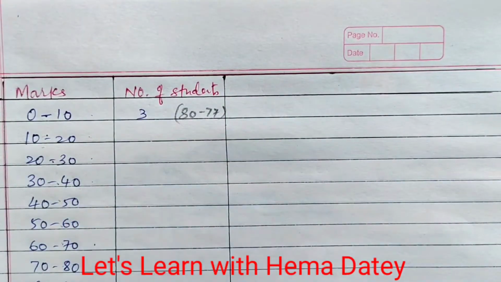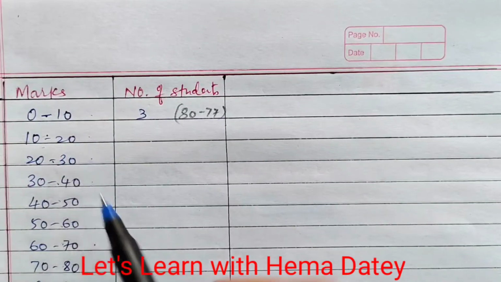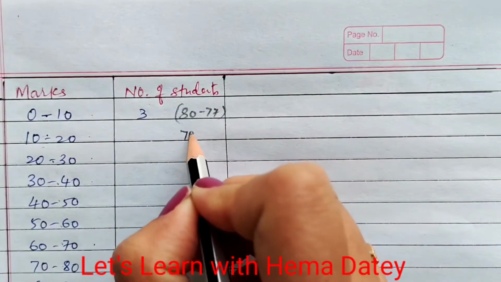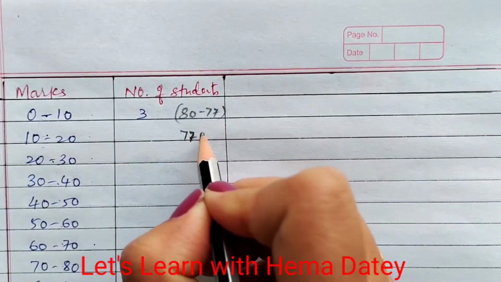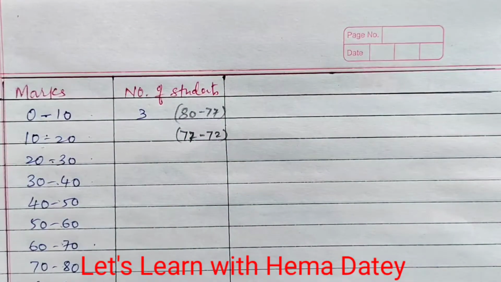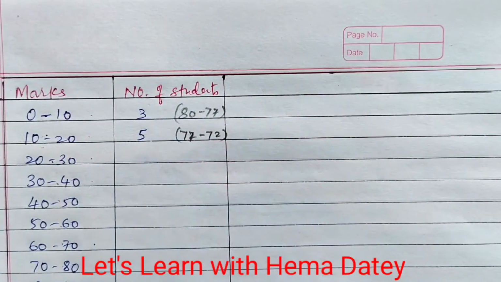The students getting marks 10 to 20, we'll subtract 72 from 77 and here we'll get 5. So these are the frequencies.